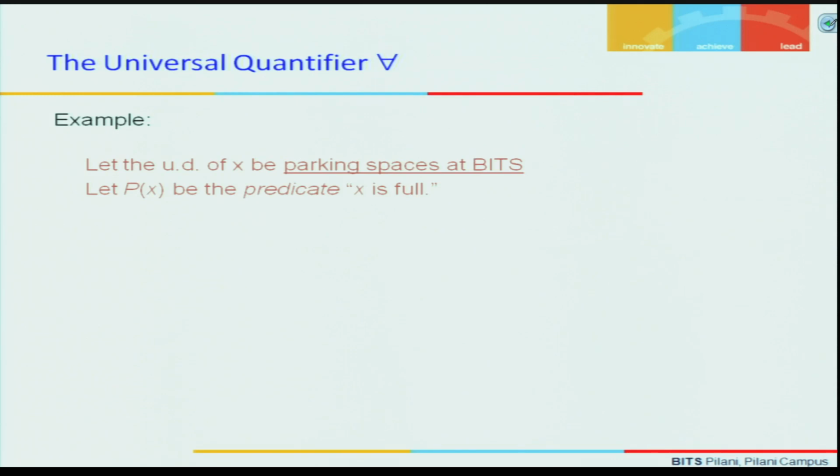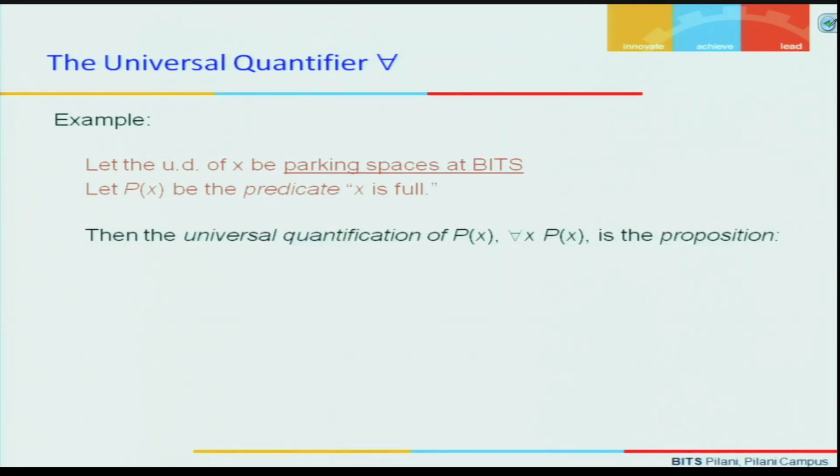When I apply the universal quantification, for all x P(x), what does it mean?